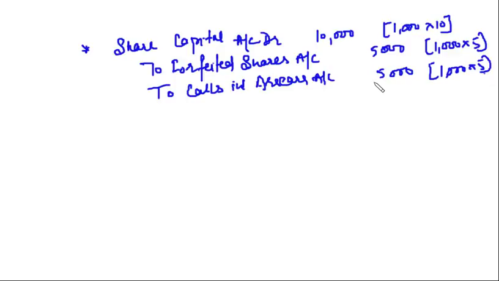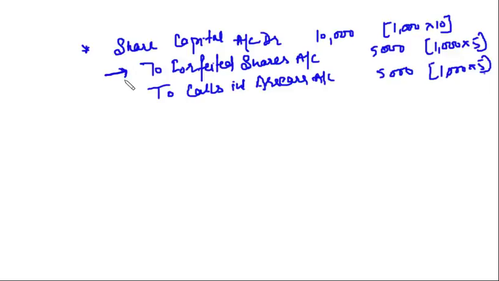Now this forfeited shares account reflects the amount that was already received against the original shares, and that is kept in a separate account known as forfeited shares account. Earlier it was your capital. Now your capital has been transferred to the forfeited shares account. That is, you have transferred money from one pocket to a second pocket. But the second pocket also belongs to you only. Isn't it? So this forfeited shares account is the money of the company only.